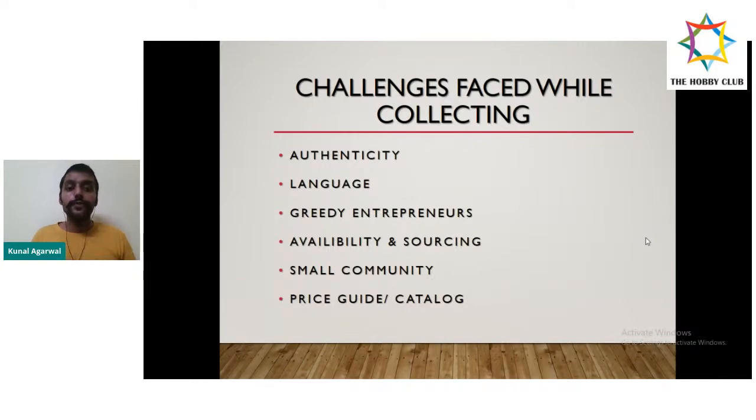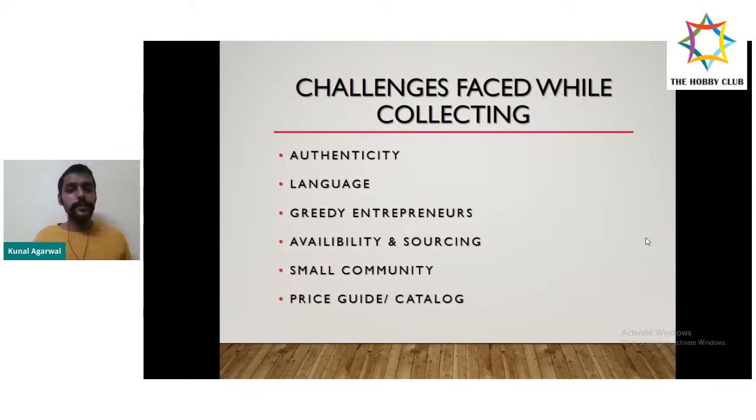So they would create a fake town, print a notgeld in that name and sell it to the collectors. So again, differentiating between what was issued by these fraudsters and what was official is a blurry line, especially if I don't know the language.